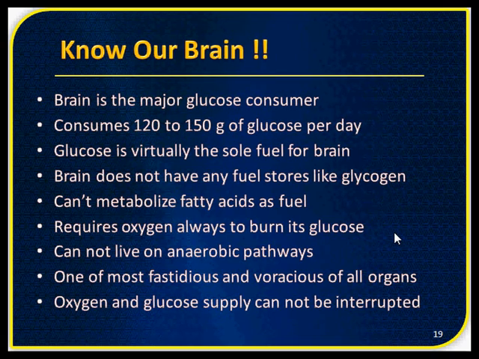Glucose and oxygen are two vital ingredients to keep the brain going. It cannot live on anaerobic pathways. It is one of the most fastidious and voracious of all organs. It requires readily available food, the glucose. Oxygen and glucose supply cannot be interrupted to the brain.